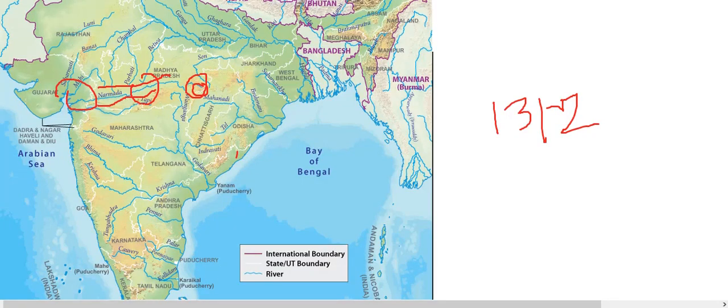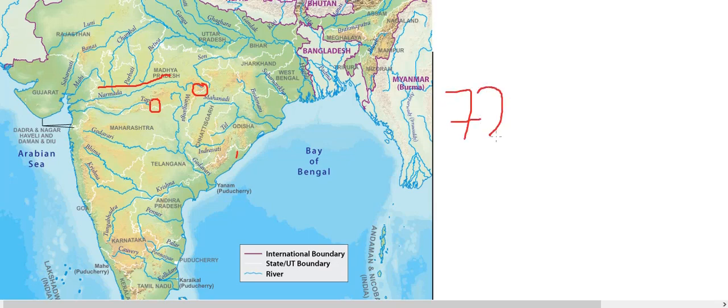So this is Tapi, which originates from Multai in MP. So it is less than Narmada, but yes, it passes through also three states: Maharashtra, Madhya Pradesh, and Gujarat.